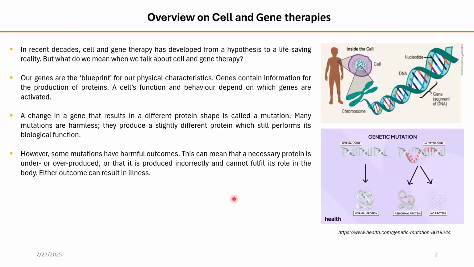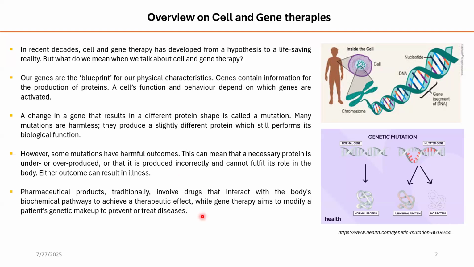Most mutations are harmless, but some mutations have harmful outcomes. When a necessary protein is under- or overproduced, or produced incorrectly, it can lead to disease or illness, where the protein cannot fulfill its role in the body.